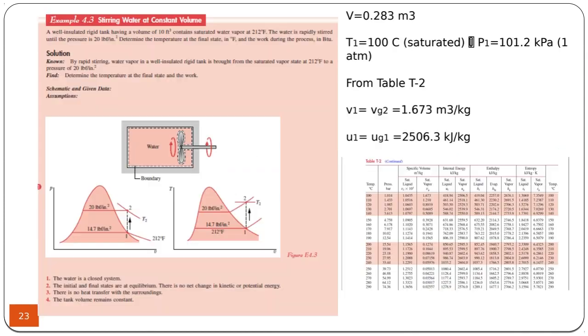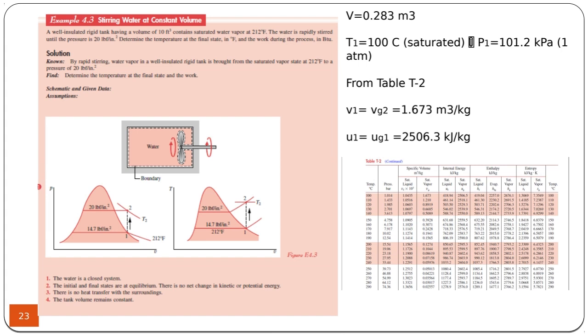Another example, which is also given in IP unit systems, British units. This time, a well-insulated rigid tank, meaning that there is no heat loss or heat gain, of 0.28 cubic meter is filled with water initially of 100 Celsius.